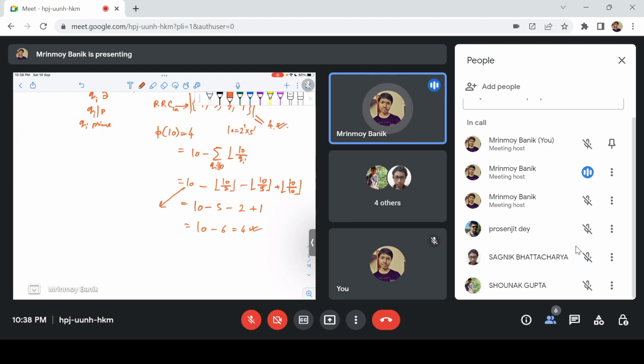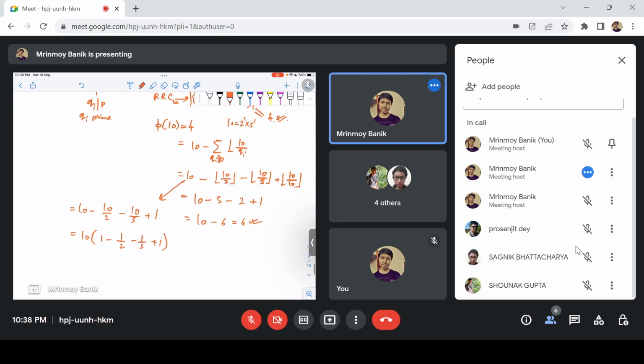Now in the intermediate step, if you want to simplify it further, we have 10 minus 10 by 2 minus 10 by 5 plus 1. And that's 10 times 1 minus 1 by 2 minus 1 by 5 plus 1.